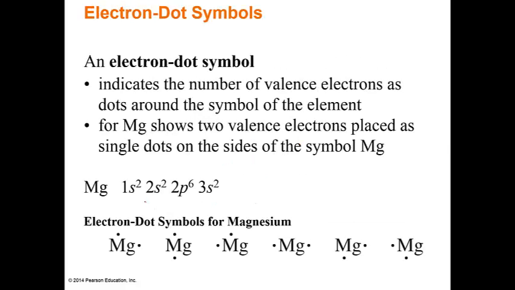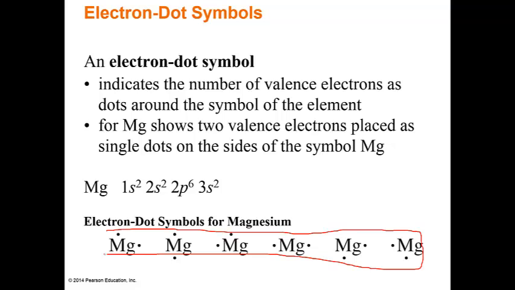So we talked about this in class already, but the Lewis dot structures, or electron dot structure symbols for magnesium, it can be any variation of these, right? Here we go. But basically, magnesium has highest level 3, right? And 2 electrons.